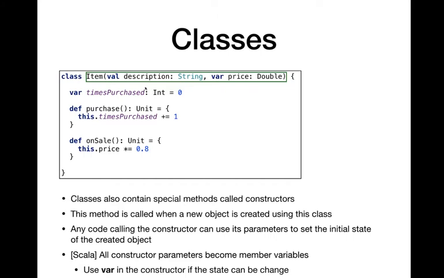When we do use val and var, this is especially for those of you who are coming from Java or who have done some object-oriented programming in Python or any other language, C++. When I declare my variables in the constructor like this, those variables are automatically state variables. So I don't have to say somewhere in here val description equals description like you would have to do in a lot of other languages.